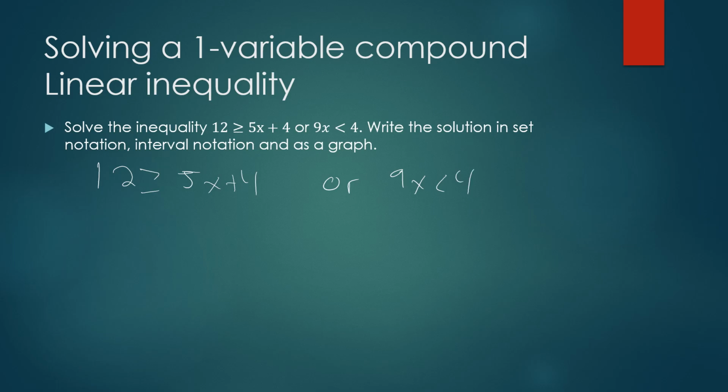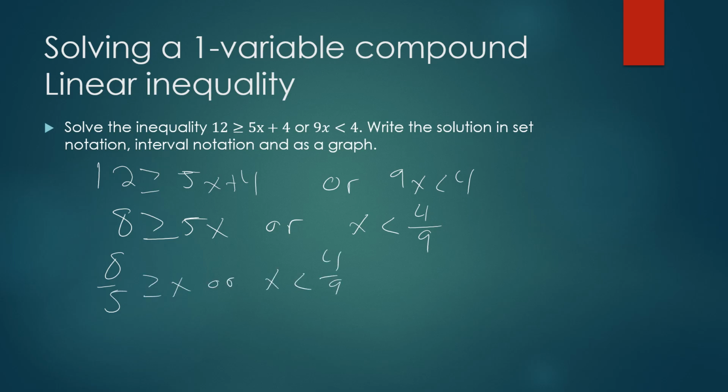If I subtract 4, we're going to get 8 is greater than or equal to 5x, or x is less than 4 ninths. So 8/5 is greater than or equal to x, or x is less than 4 ninths.